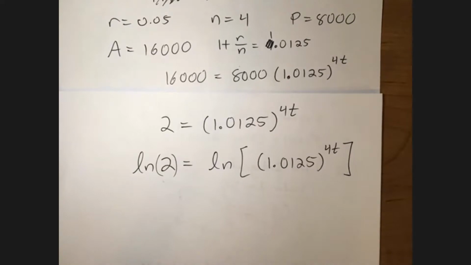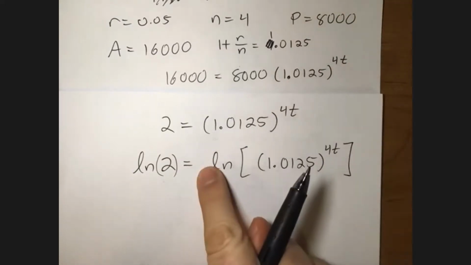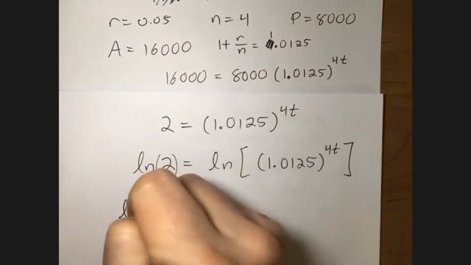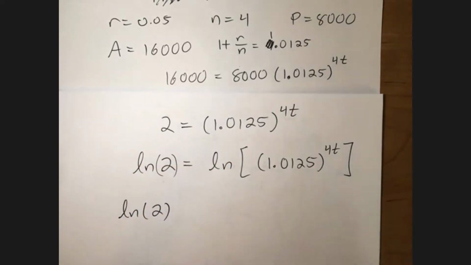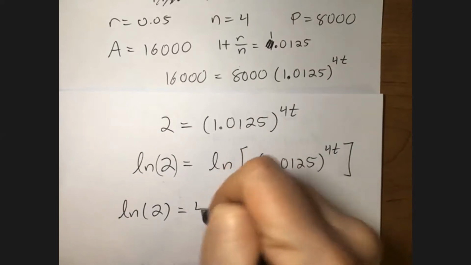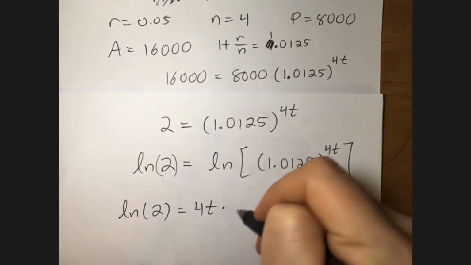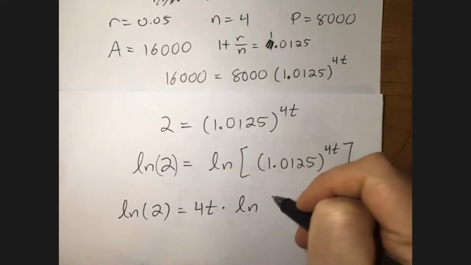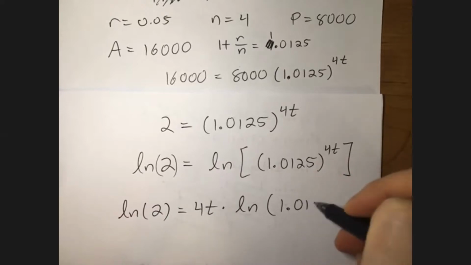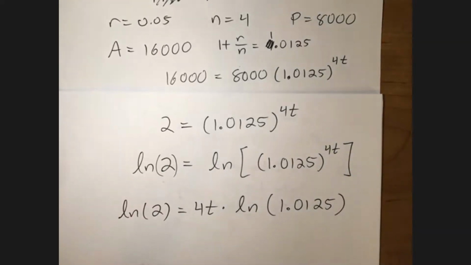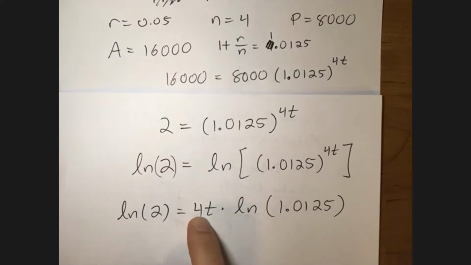Why did I take the natural log? Well, because that's going to allow me to bring the exponent down. So the exponent has come out front, which is fantastic because the exponent's got the variable I'm solving for. So now I can proceed to solve for t.